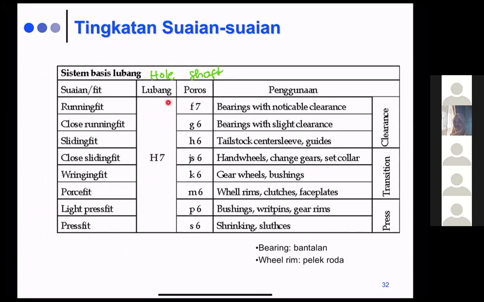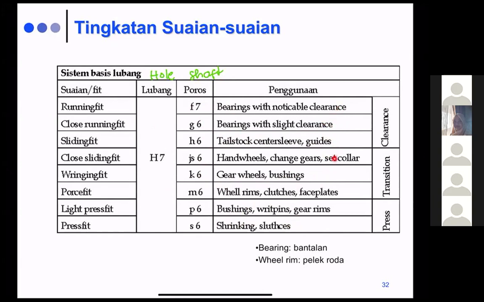So the hole is kept constant, but then you can see here, the F7 would be about bearings with noticeable clearance, G6 tells you about bearings with slight clearance, and for example K6 is gear wheels, bushings, and so on. Of course, maybe most of you are not familiar with this one.